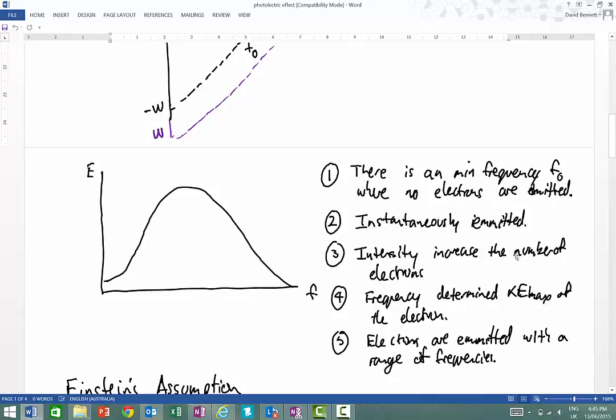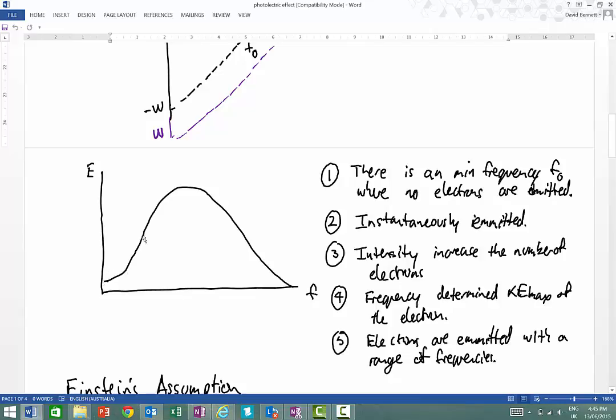As the intensity of the light increased, the energy of the electrons didn't increase, but the number of electrons did. So the frequency determines the kinetic energy max of the electrons, and the electrons are emitted with a range of energies.